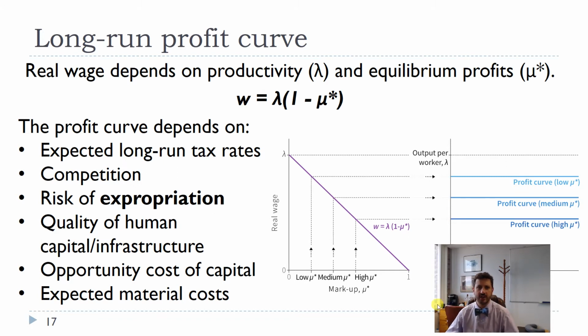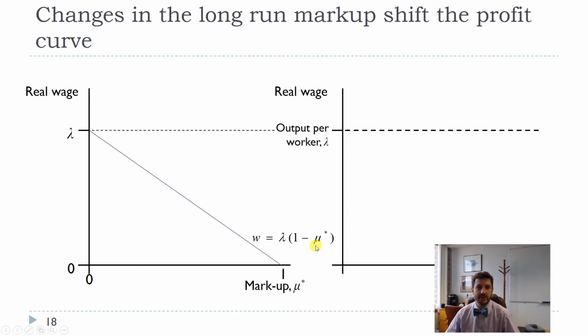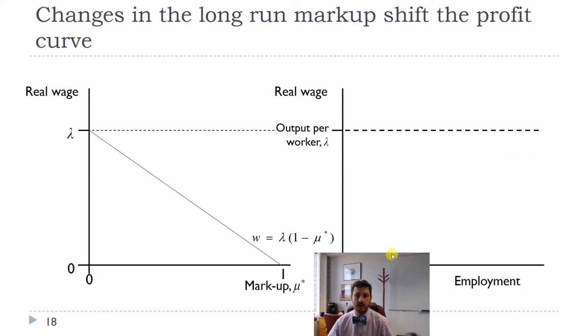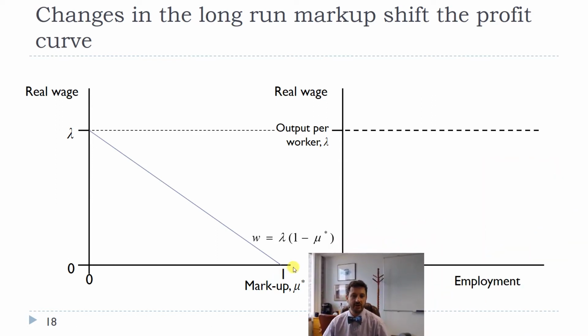What we're going to look at now is the relationship between the real wage, the productivity and the markup. We have two graphs here. On this graph, we have the markup on the horizontal axis going just from 0 to 1, meaning 1 is when the firm gets all of the productivity.